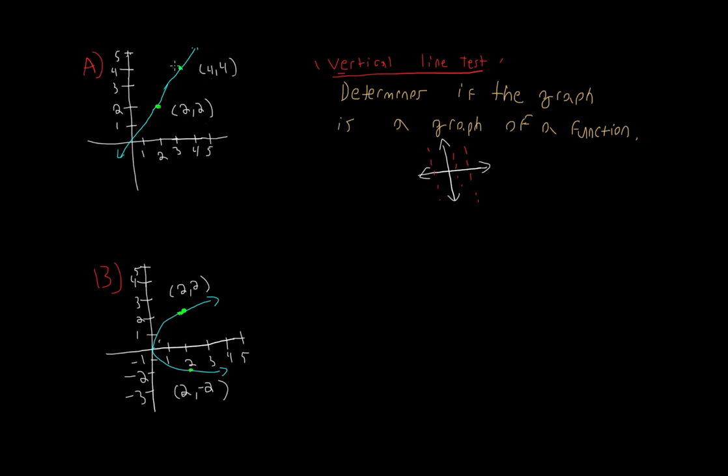Okay, so in graph A, let's do the vertical line test. Remember, it determines if the graph is a graph of a function. So let's put it right here. And as you can see, it only intersects the graph once. So therefore, it is a function.